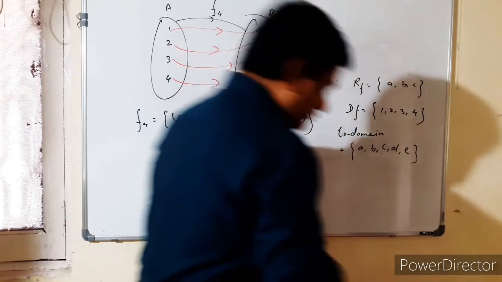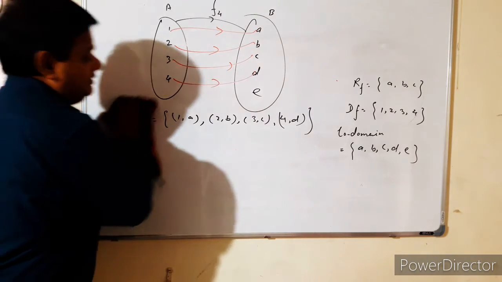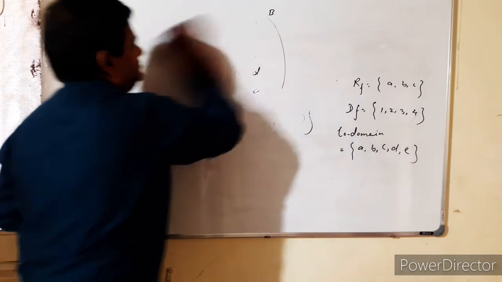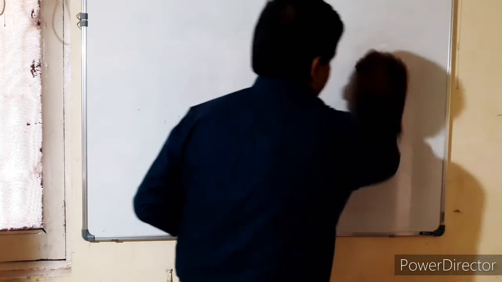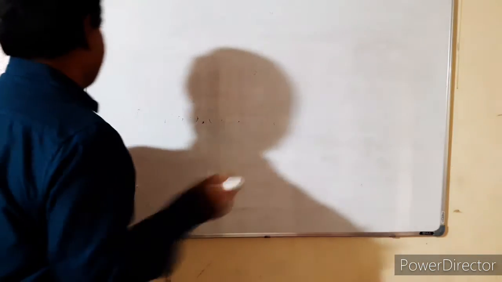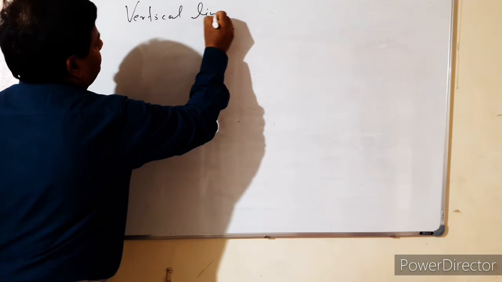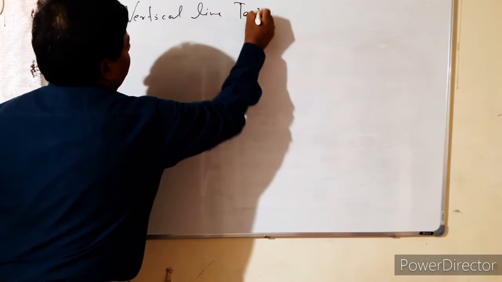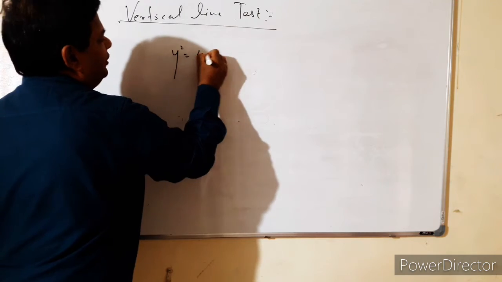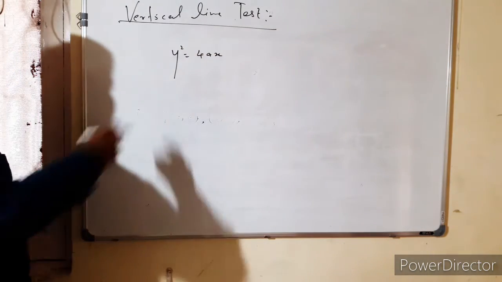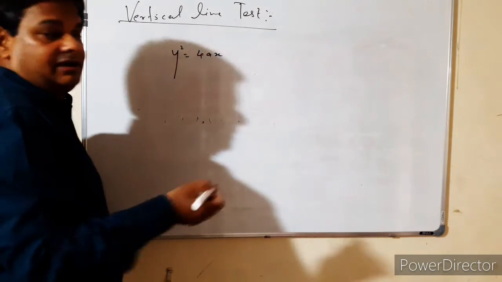Now see here the vertical line test. See here y square equal to 4ax. For example, this is a quadratic and this is called a right hand parabola. Later on I will discuss.